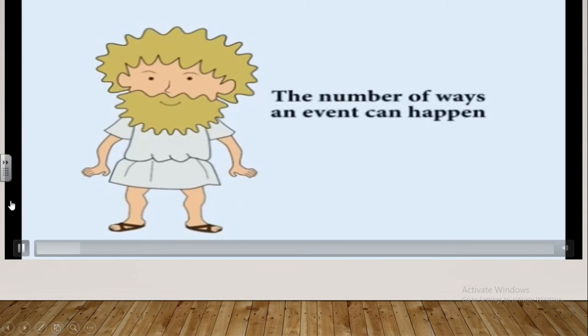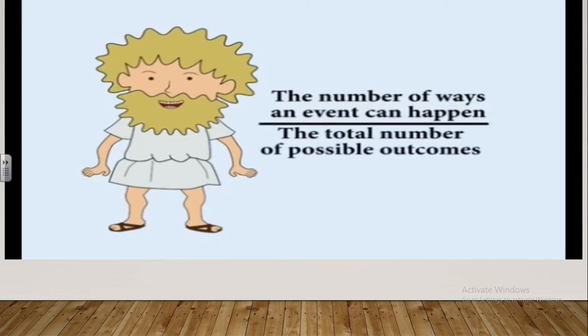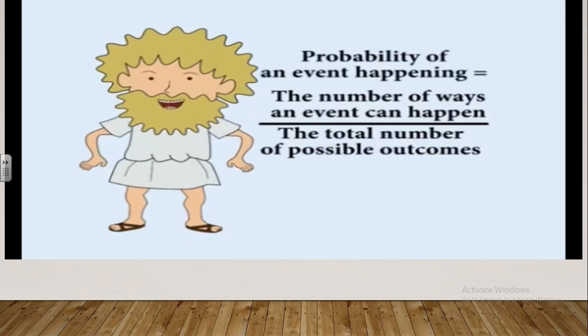The number of ways an event can happen, divided by the total number of outcomes, gives a fraction. And that's what we mean by probability.